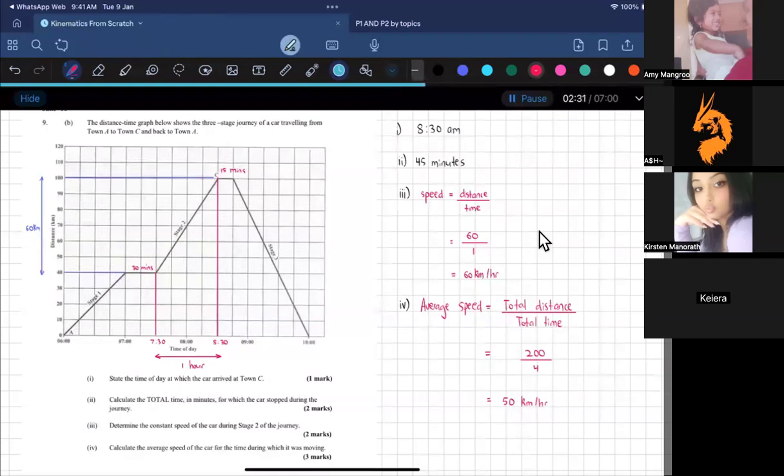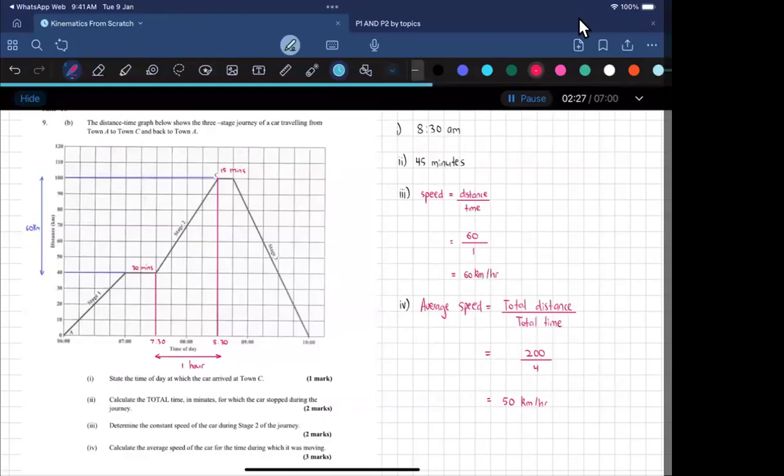Amy, do you have everything copied down? Yeah. Keely, Kristen, Kiera? Yeah, almost.